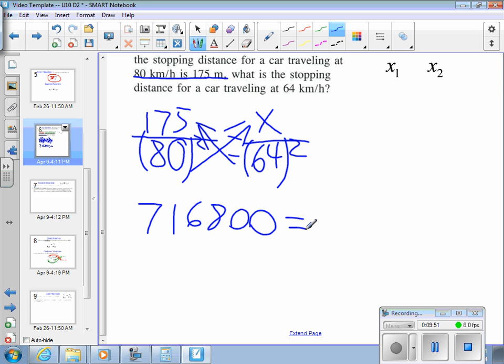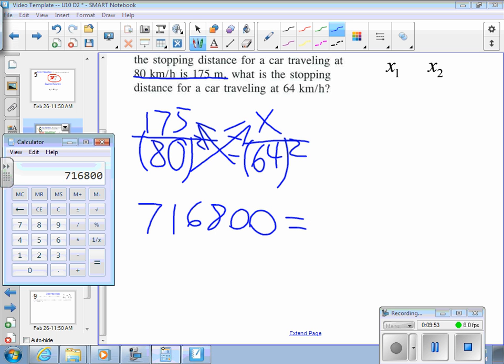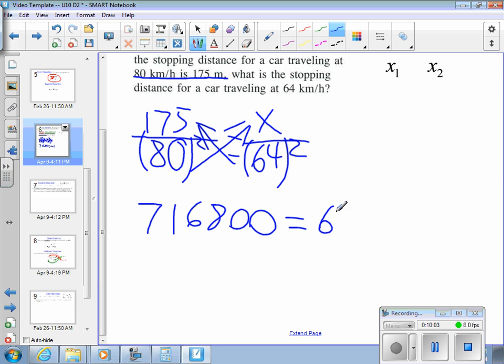Okay, and then let's take a look at the other one. We've got 80 squared. We'll use our calculator here. 80 times 80 equals 6,400, so 6,400x. And then of course we divide both sides by 6,400.